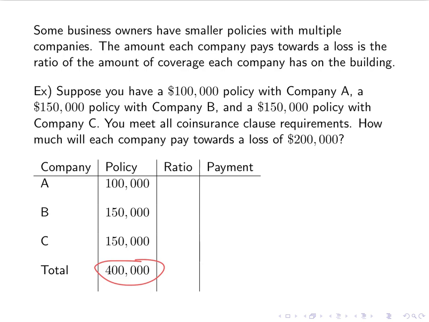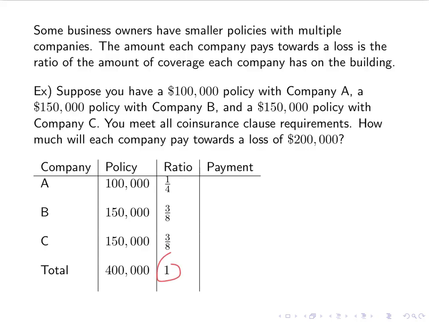So we've done this a few times before. These numbers are all pretty nice, so we can find the ratios fairly easily. Company A's ratio is 100,000 over 400,000, which is 1 over 4. B's is 15 over 40 if I get rid of the zeros and then cancel a 5, I'm left with 3 over 8. B and C should be the same.